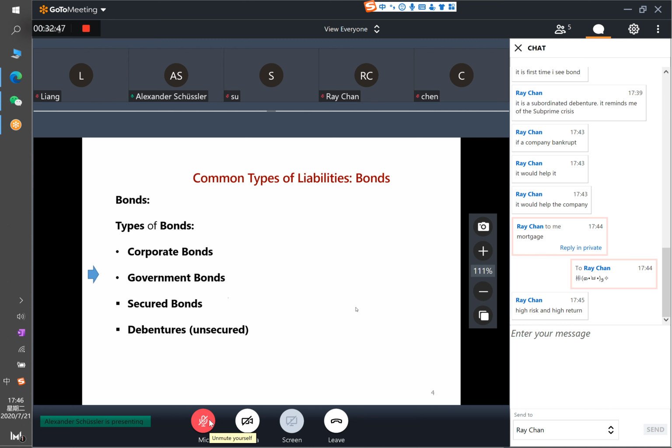High risk and high return. Exactly, Raychan. High risk, high return. So if you issue a security with a high risk, then you have to offer the people a higher return. Otherwise, they won't buy it.